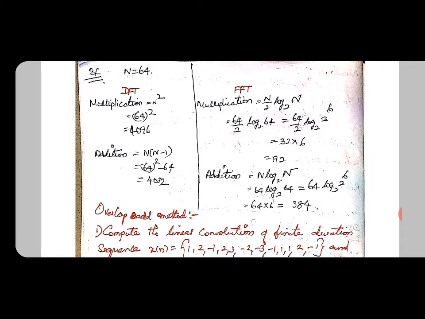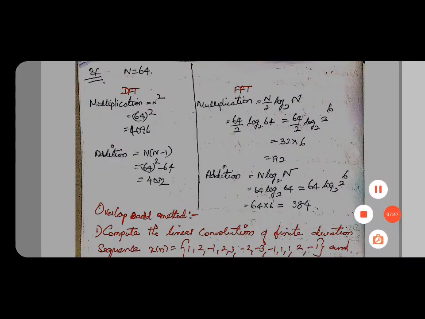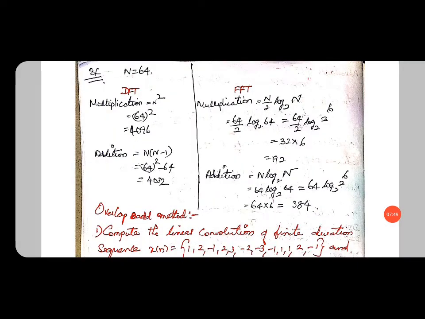The number of additions required in DFT will be N into N minus 1, which we can also write as N squared minus N, which is 64 squared minus 64, which is 4032. The number of additions required in FFT will be N log base 2 of N, which is 64 log base 2 of 2 power 6, which is 64 into 6.